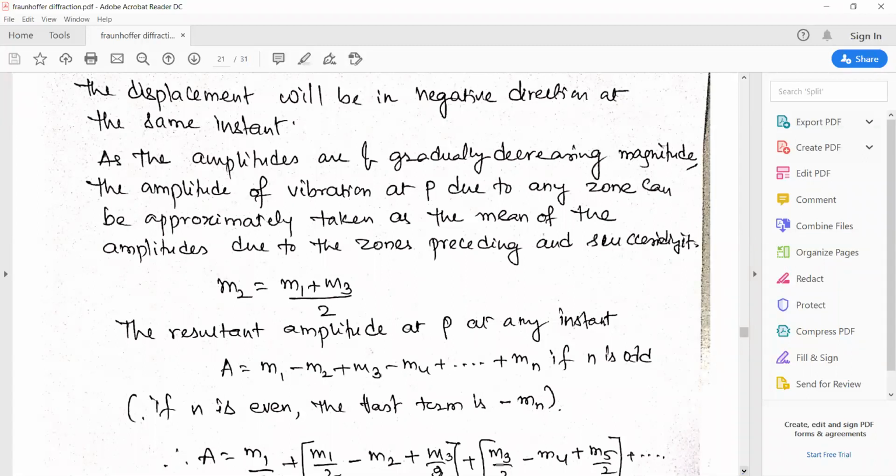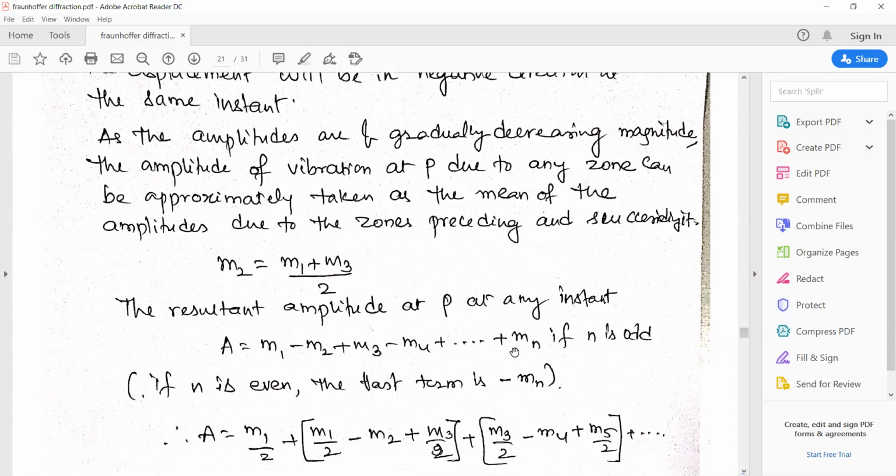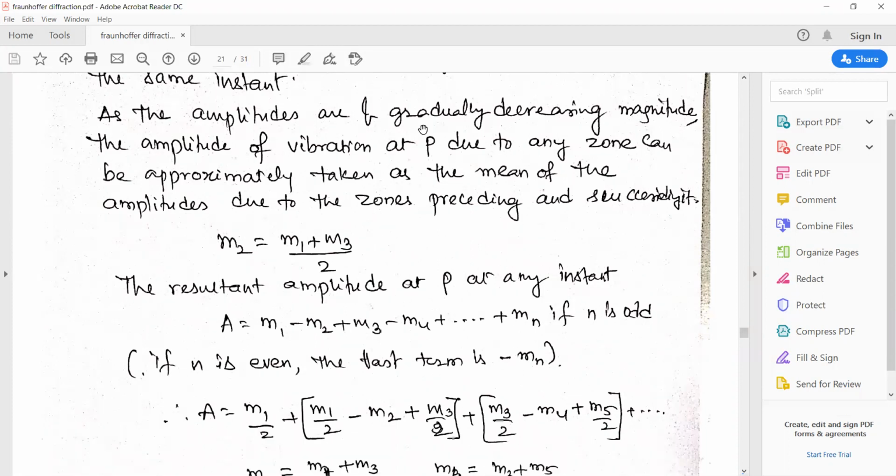Okay, so here one more thing: since M1 is greater than M2, greater than M3, they follow an arithmetic progression. In this arithmetic progression, if I want to get the middle value M2, there are three values M1, M2, M3, and they are following the arithmetic progression.